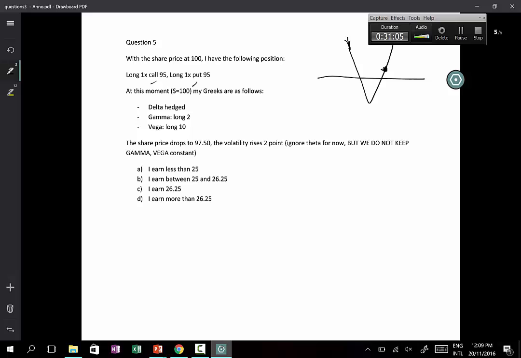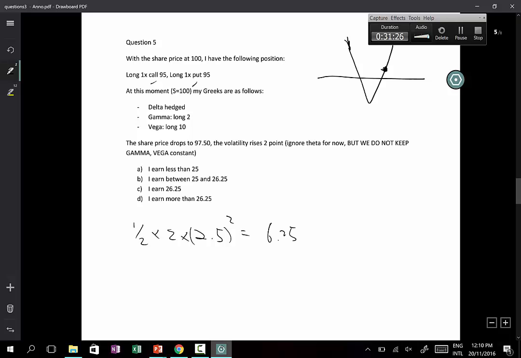Okay, now for the gamma revenue, it's a half times gamma. What's gamma? 2 times the square of $2.50. So that is 6.25. So that is the gamma revenue. You get to keep that.